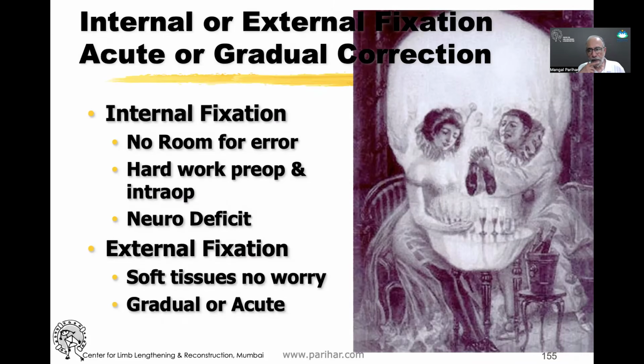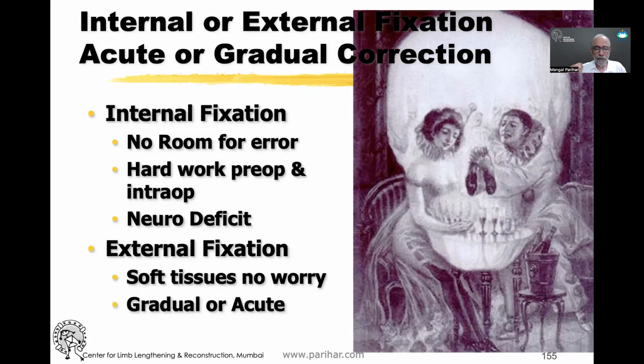It requires a lot of hard work preoperatively as well as intraop to get the alignment exactly the way that you want it. And if you do an acute correction, sometimes, especially valgus to varus, excuse me, there is a risk of neurodeficit.